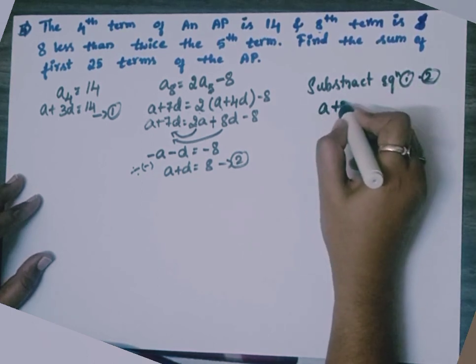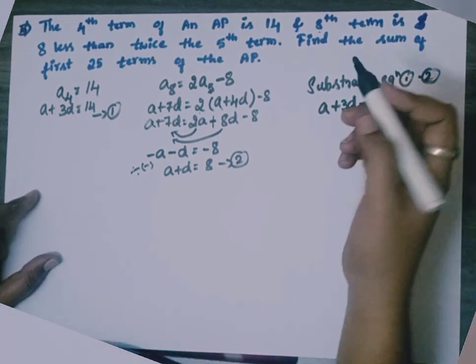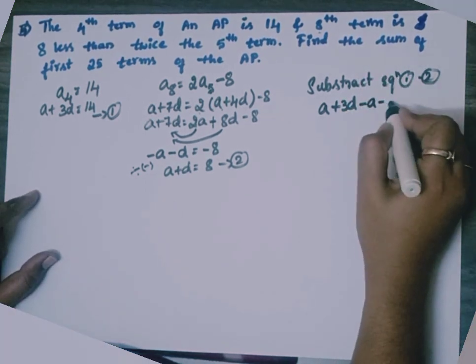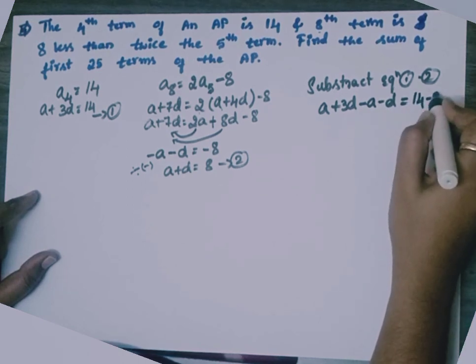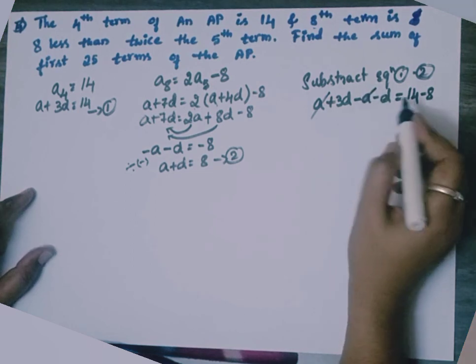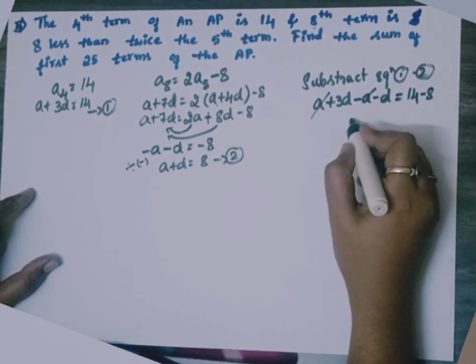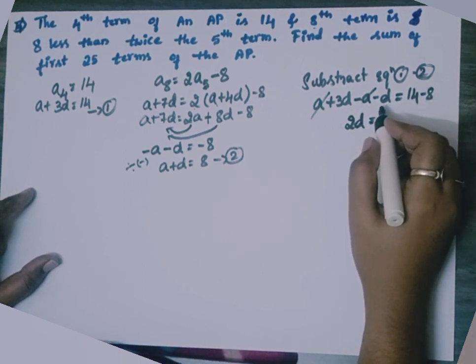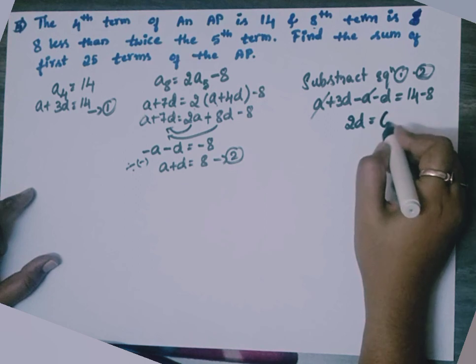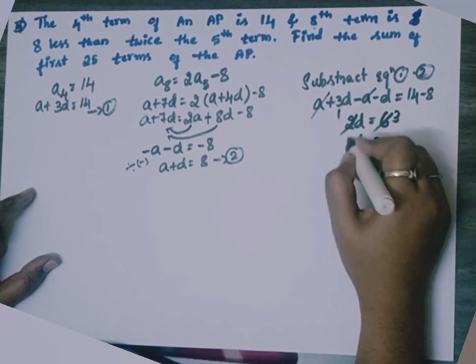In equation 1 I have a plus 3d, in 2 I have a plus d, so it will multiply with the minus, I'll get minus terms only, that is minus a minus d is equal to 14 minus 8. Plus a minus a cancels, 3d minus d I'll get as 2d is equal to 14 minus 8. By subtracting I'll get 6. 2 3s are 6, so d is equal to 3.